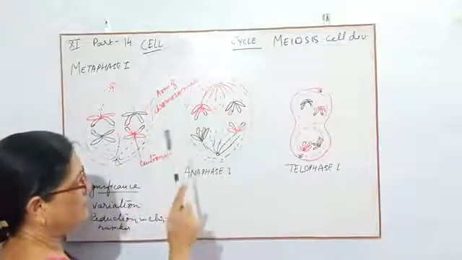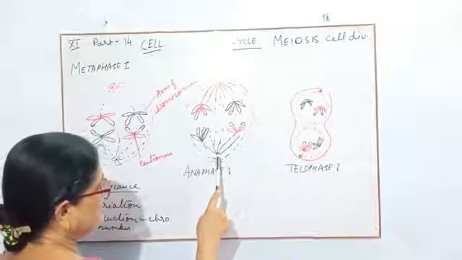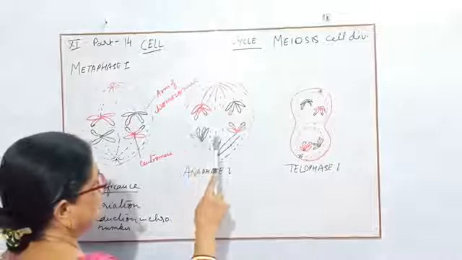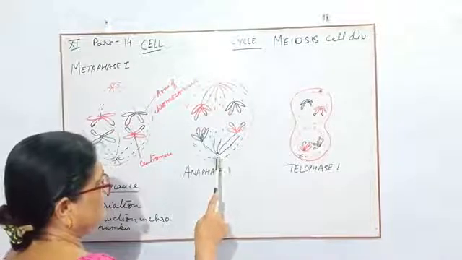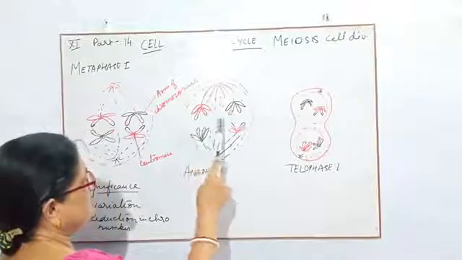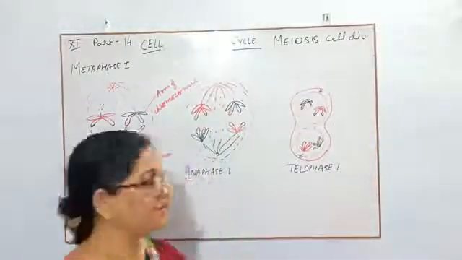Finally, they come closer to the centrosome, and when these two chromosomes reach near the centrosome, there will be the formation of the nuclear membrane.